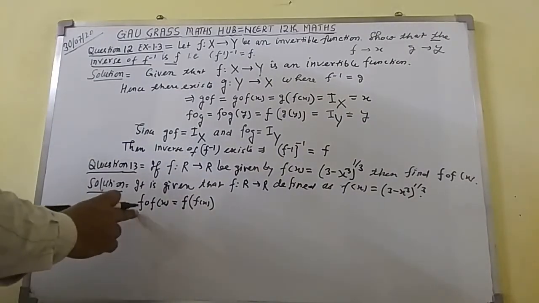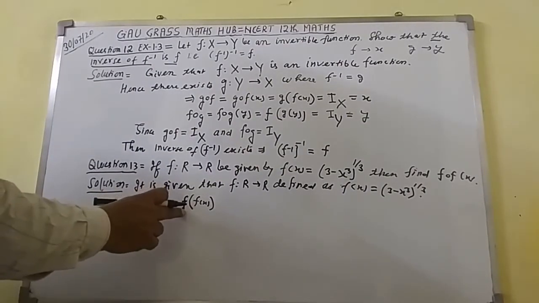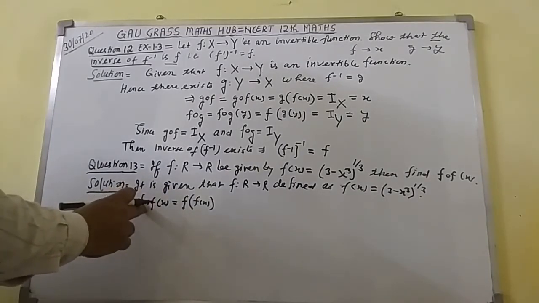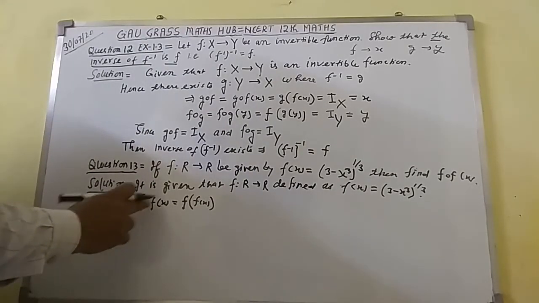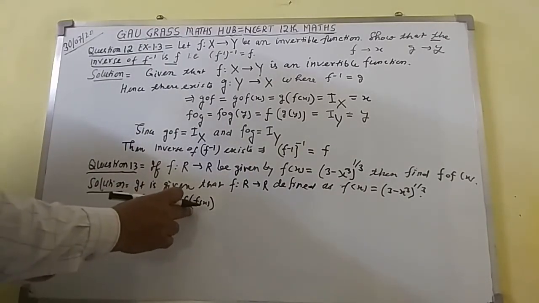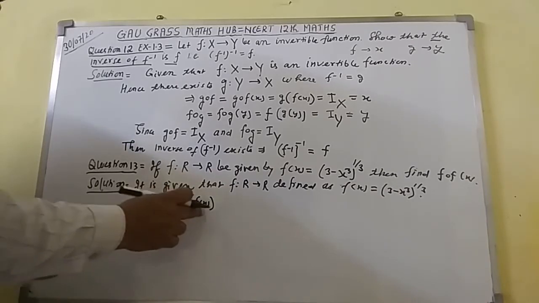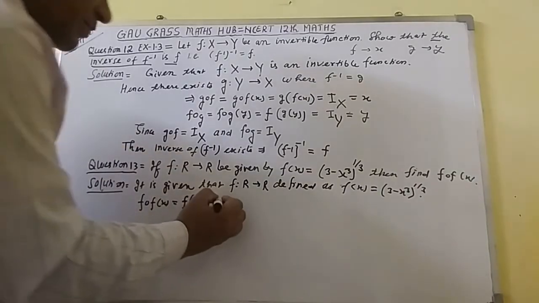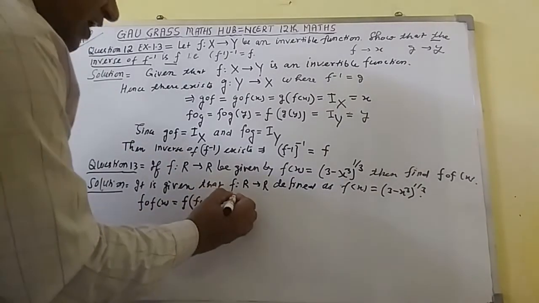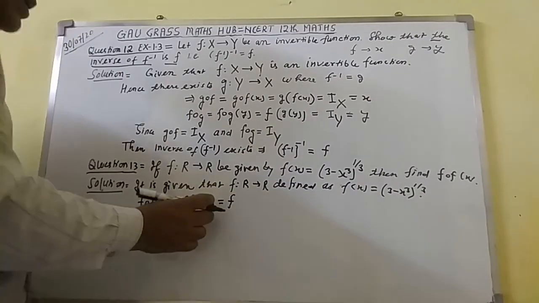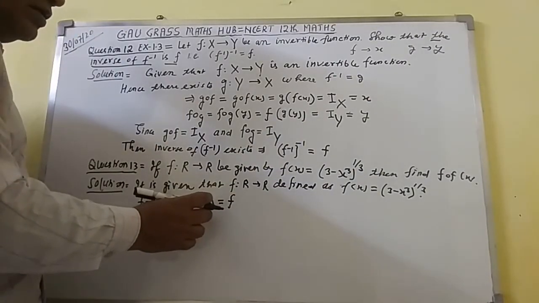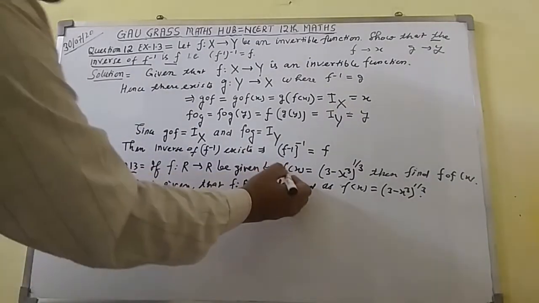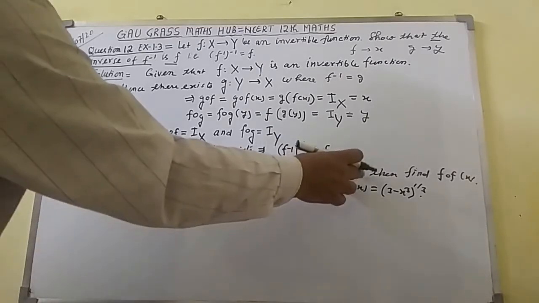Once again, first letter is f, the bracket opens, f(x) is there and the bracket is closed. After that, f is there, and inside the bracket f(x) is there. To put the value of f(x), this value will be put here.